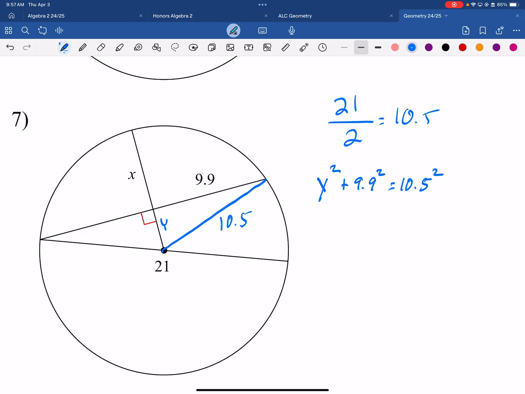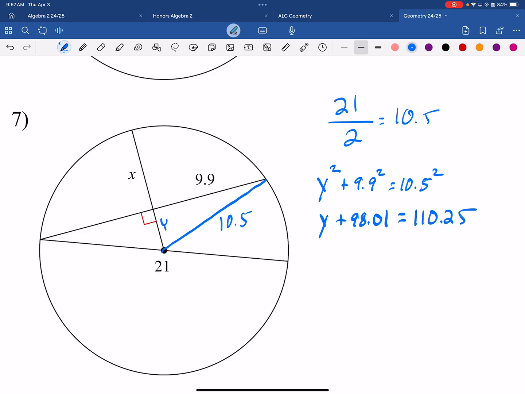Questions with that part? 9.9 squared is 98.01. 10.5 squared? 110.25.